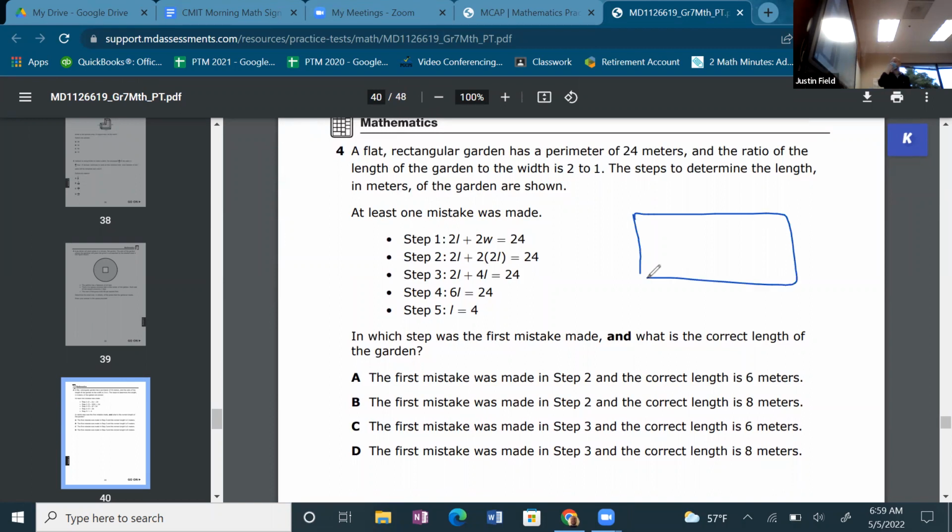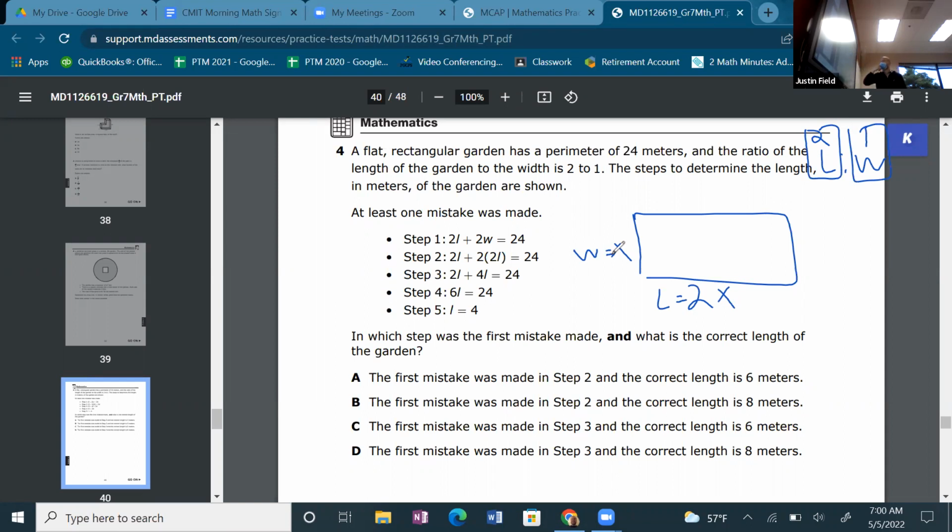Okay, the ratio of the length to the width, so L to W, is 2 to 1. Step one: 2 L's is 1 W. So we better call this 2x and x. This is our L. This is our W.